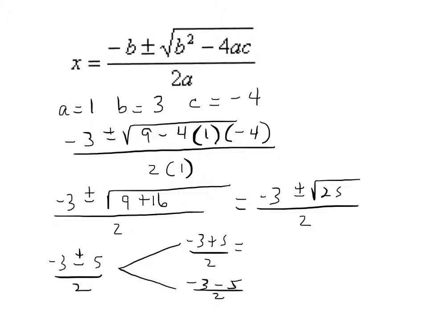So my first equation, negative 3 plus 5, is 2 divided by 2 is 1. And my bottom equation, negative 3 minus 5, is negative 8 divided by 2 is negative 4. So my x-intercepts, also called my roots, also called my zeros of my quadratic function, are 1 and negative 4.